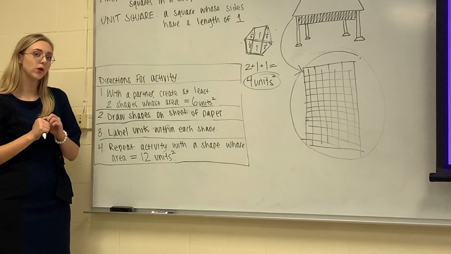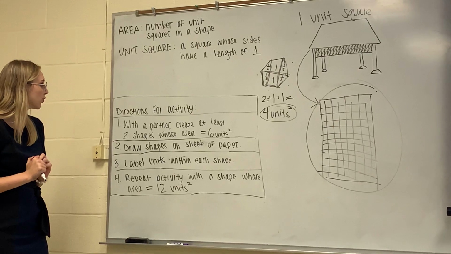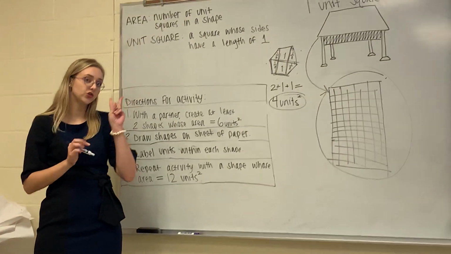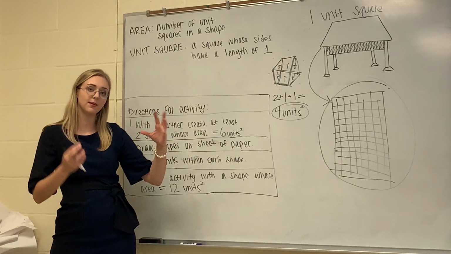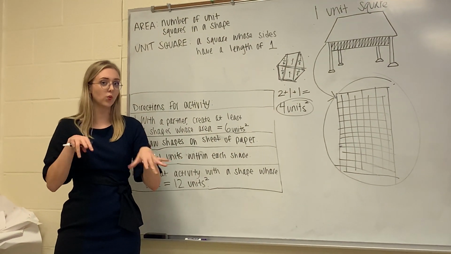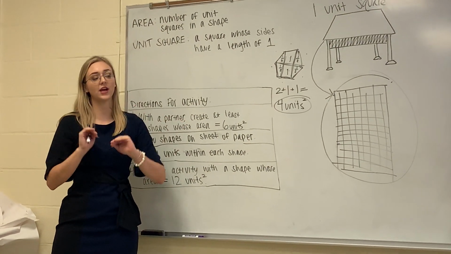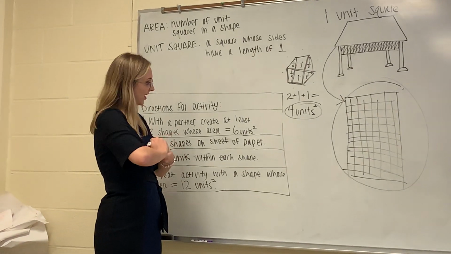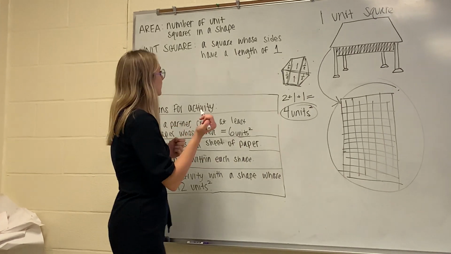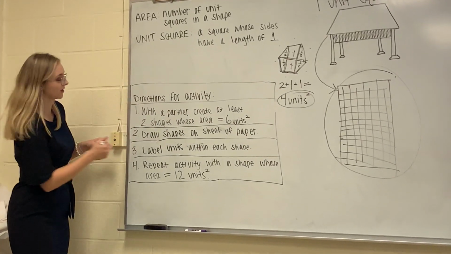With a partner, you are going to be creating at least 2 shapes with an area of 6. So you're going to be modeling different ways you can make a shape with an area of 6 units squared. Hold on, let me get to the rest of the directions.